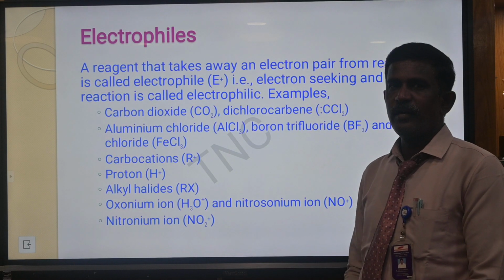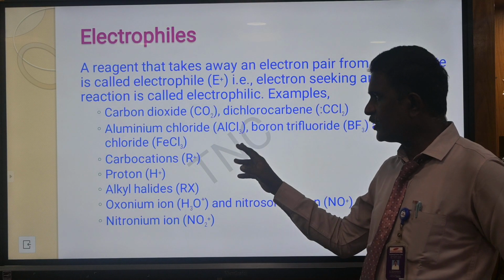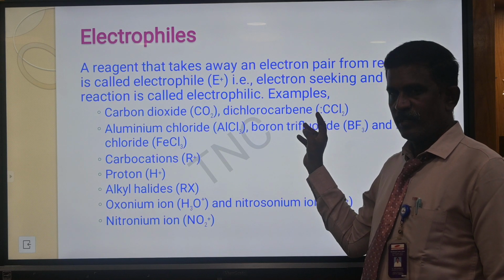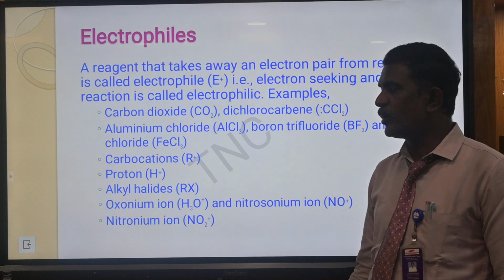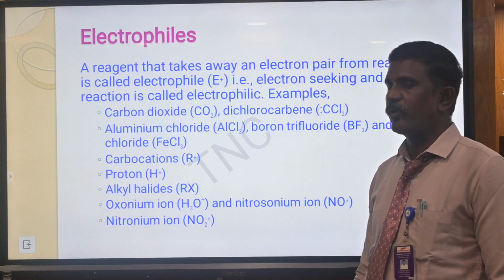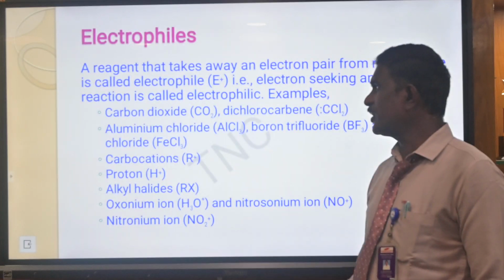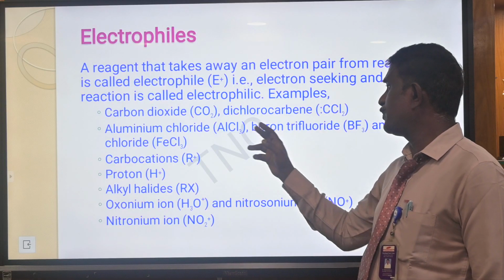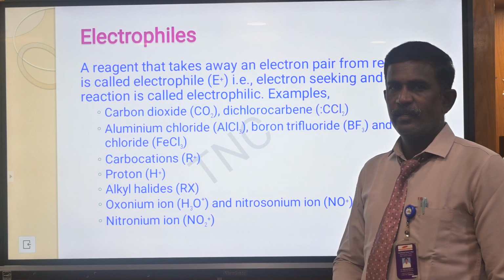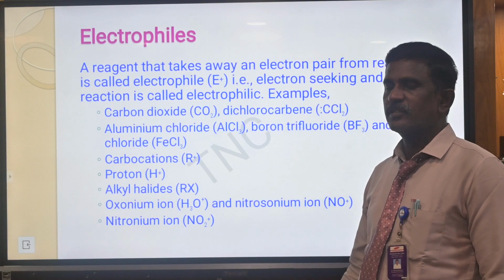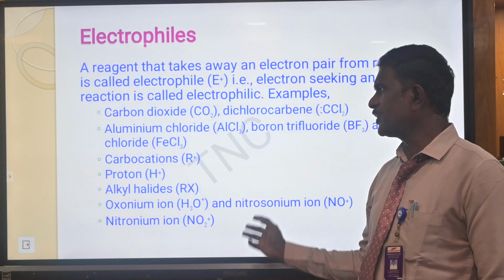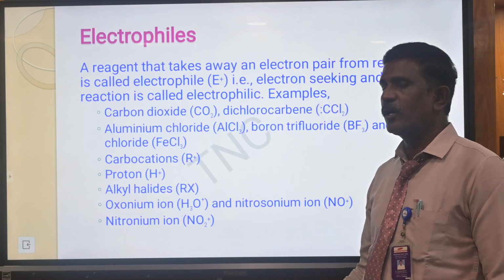Neutral electrophiles, the best examples: carbon dioxide, sulfur trioxide, aluminum chloride, ferric chloride. These are all examples of neutral electrophiles. They are electron deficient molecules. For example, if you take carbon dioxide, where carbon is connected with 2 oxygen, since oxygen is more electronegative, most of the electron density from carbon shifts towards oxygen.